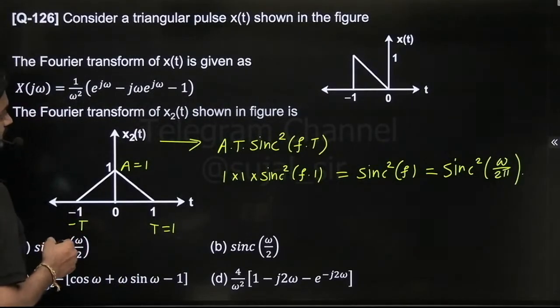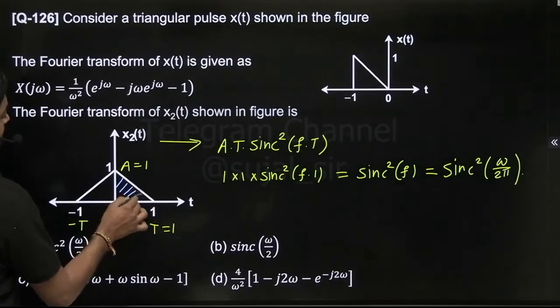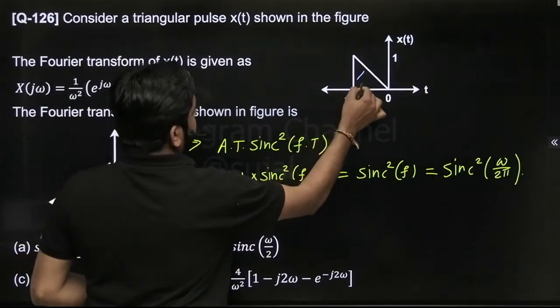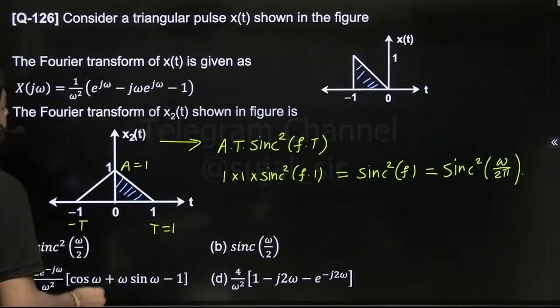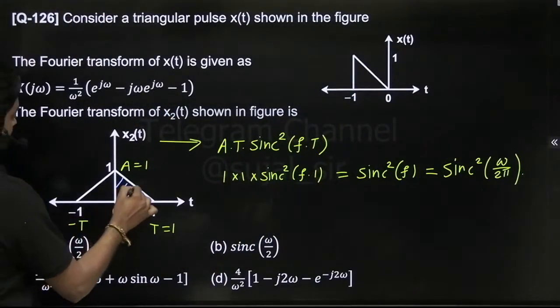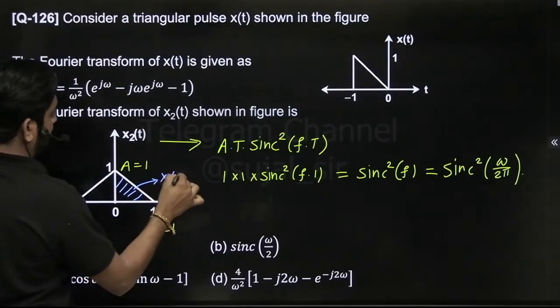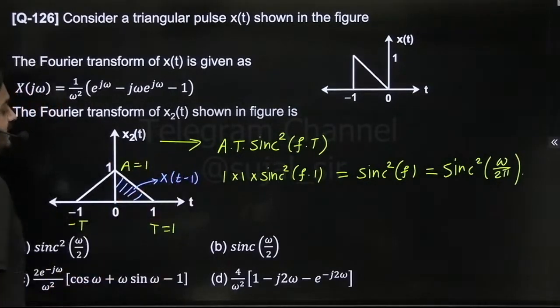First of all, this function, guys, this one, and this one, correct? So can we say this is nothing but x of t minus 1, right shifted?